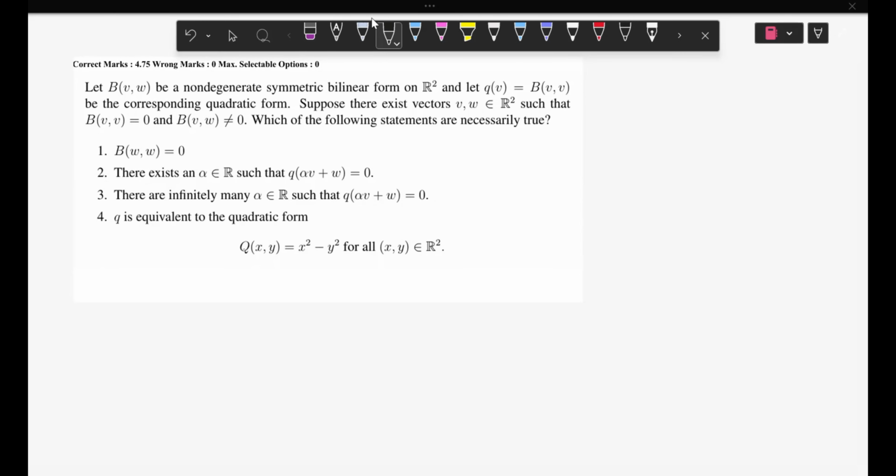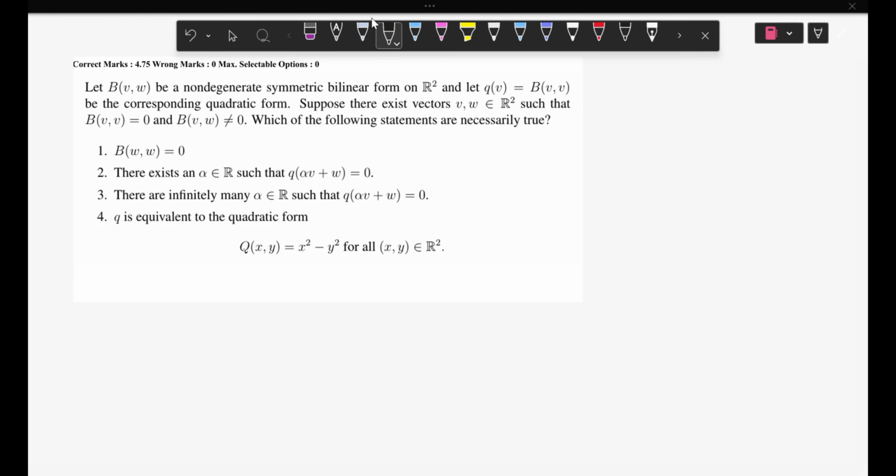The next question says: let B of V, W be a non-degenerate symmetric bilinear form on R2. Let Q of V equal B of V, V be the corresponding quadratic form. Suppose there exists a vector V, W belonging to R2 such that B of V, V equals 0 and B of V, W is non-zero. Which of the following statements are necessarily true?